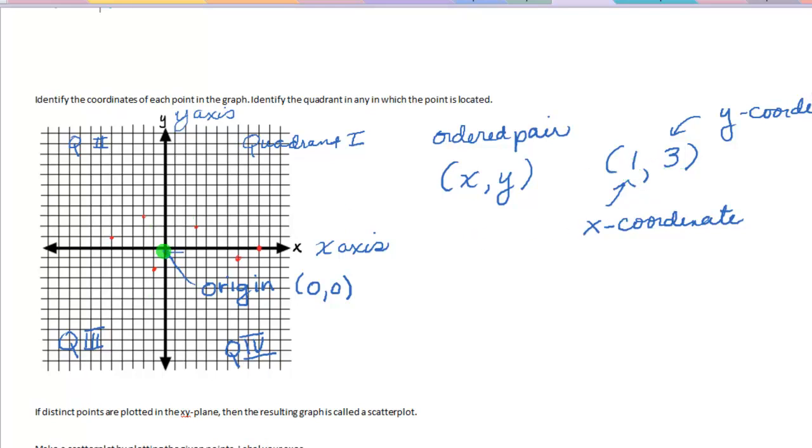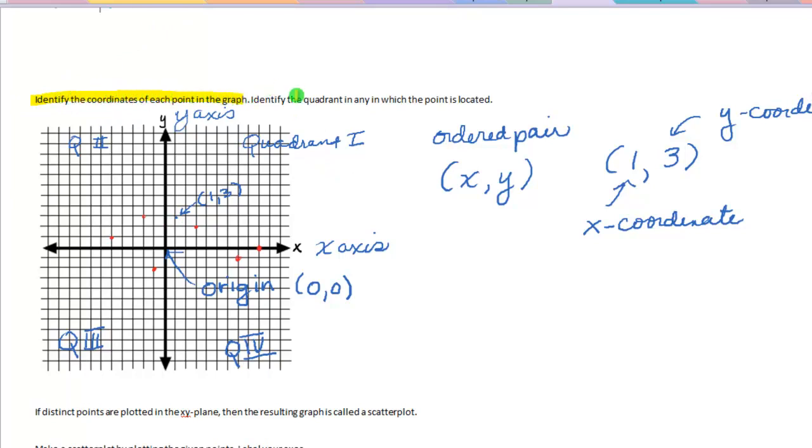Just like in a number line in one dimension, the positive numbers for x will be on the right-hand side of the axes, and the left are going to be our negative numbers. With our y-axis, the upper numbers will be positive, and the numbers below the origin will be negative. So for 1, 3, we count 1 on the x-axis, and then we go up 3 on the y-axis, and that's our ordered pair 1, 3. That's our point.